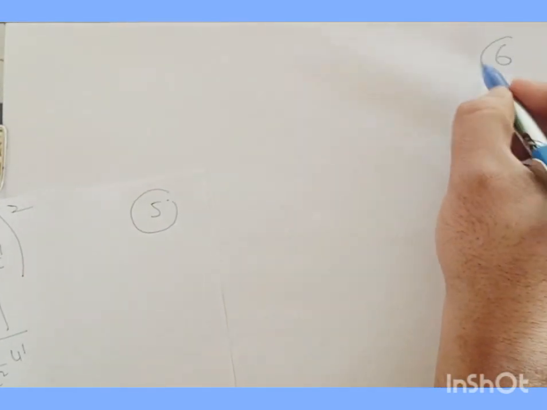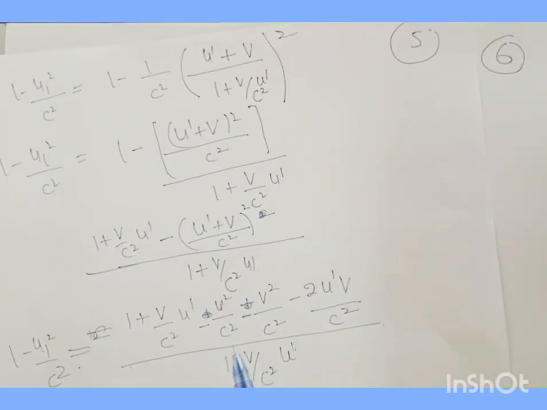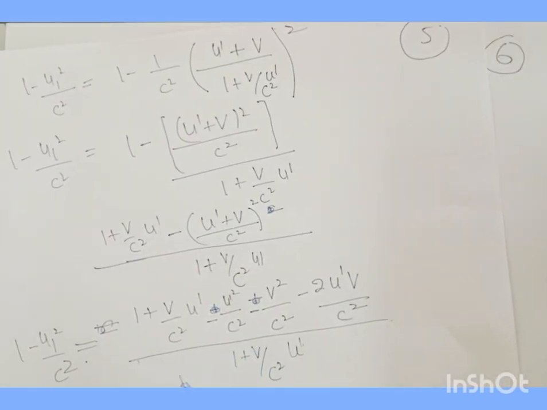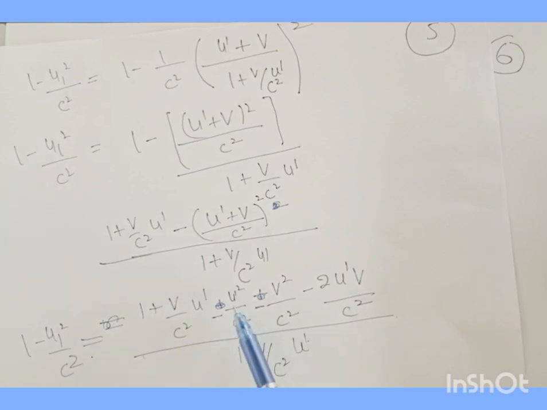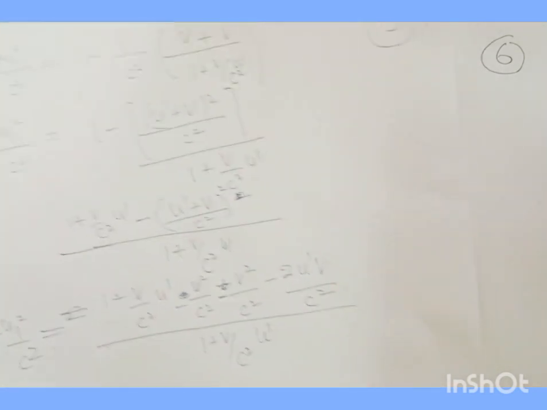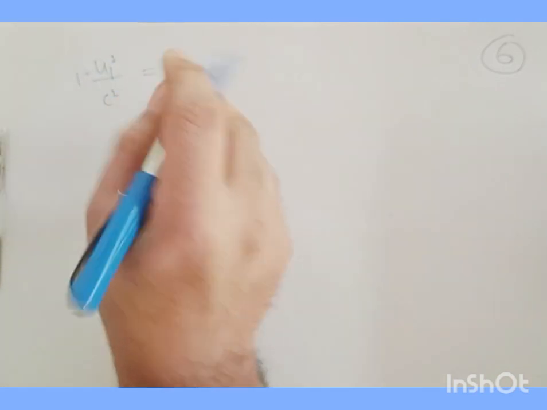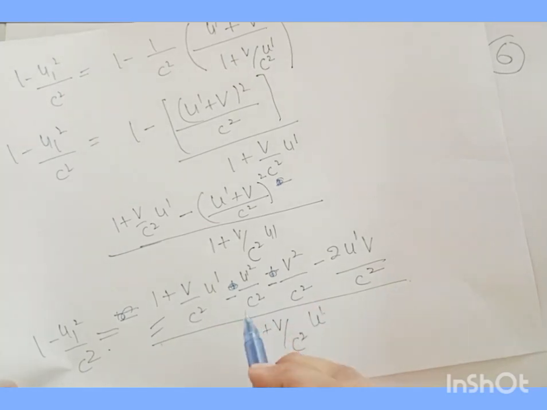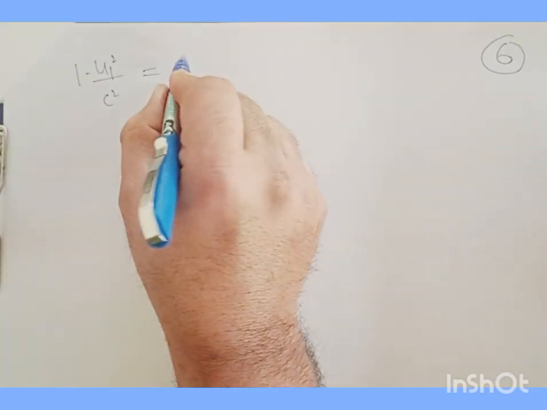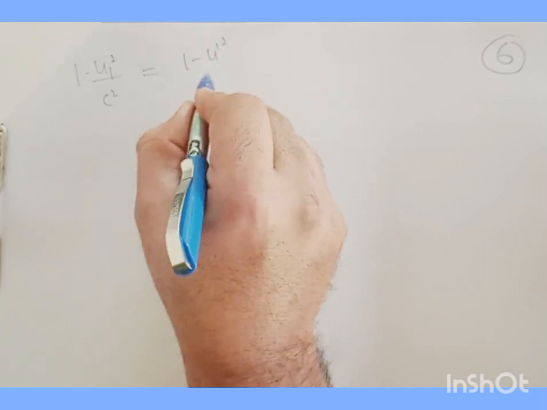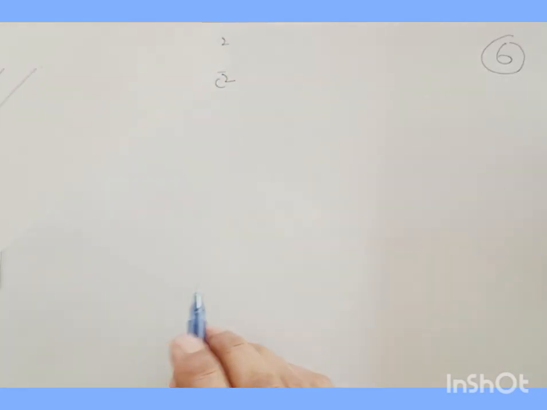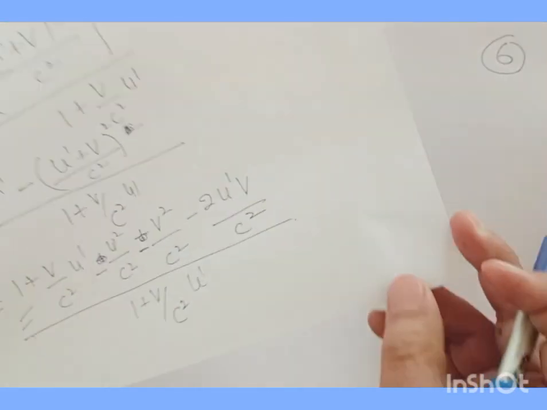So to proceed from here, what we are going to achieve is, we can see that do we have something that can be thought of as u1 dash square. So if I rearrange it, my left hand side is 1 minus u1 square by c square. So this 1 minus u dash square by c square, I would like to put it in the brackets. Then what is left?